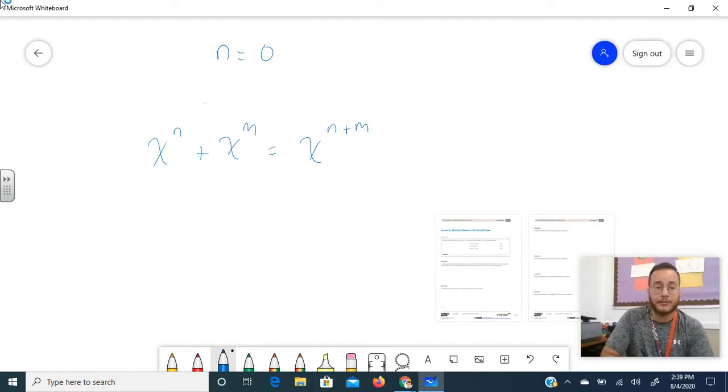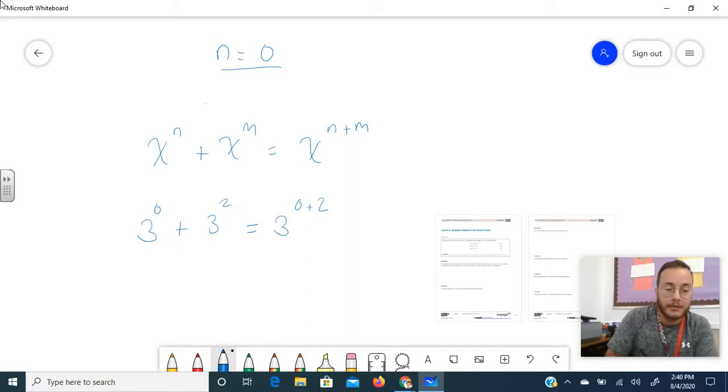We're going to do those 3's again. If n is 0, we're going to do 3 to the 0th power times 3 to the 2nd power equals 3 to the 0 plus 2. So that's correct, right? All right. So simplifying that, I have 3 to the 0 times 3 squared, and if I simplify it, it is 3 to the 0 plus 2, which is 3 squared.